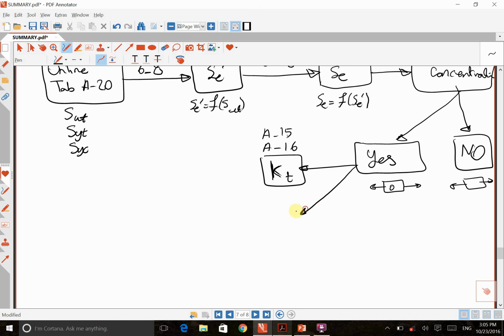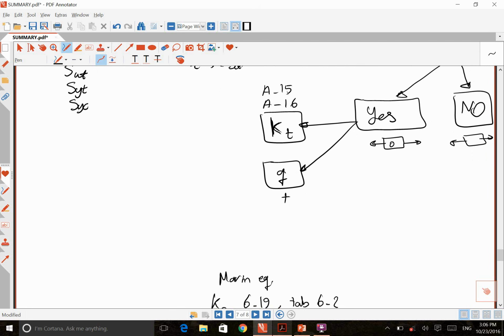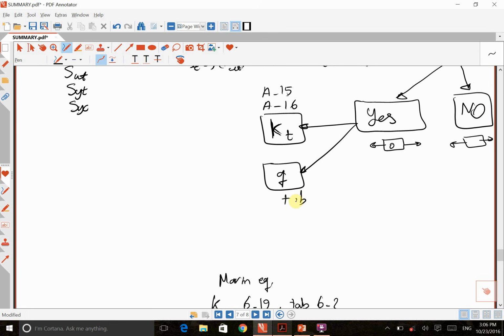And we need to find the notch sensitivity, q, and this can be found from table 6.20 or 6.21, or equations 6.34 and 6.35. So there are two ways to find this q.